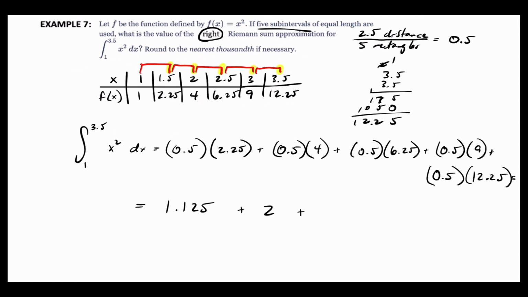Half of 6.25 is 3.125. Half of 9 is 4.5, sorry. And half of 12.25 is 6.125.